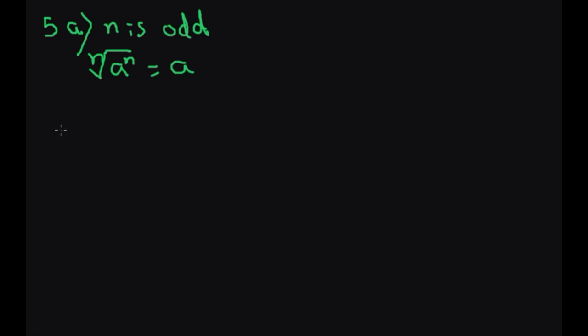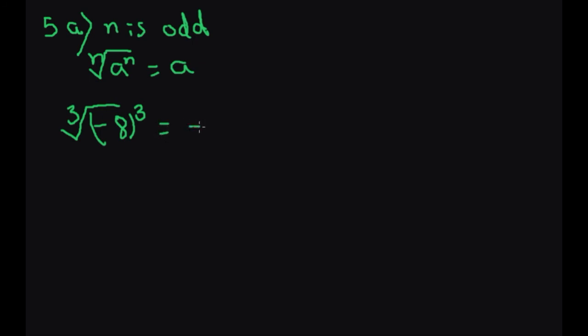Let's take the example. Cube root of minus 8 to the power 3. Here both numbers are the same, both are n. So here we have taken both as cube, 3.